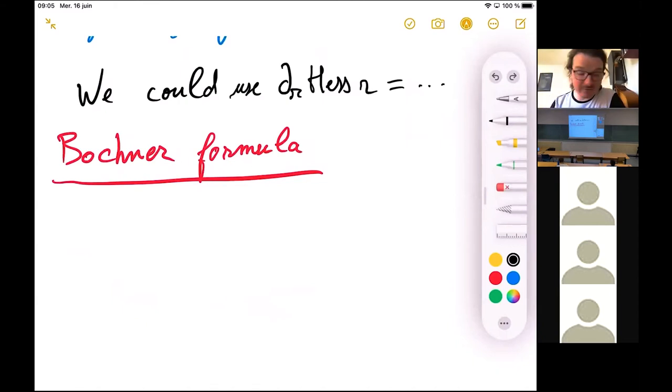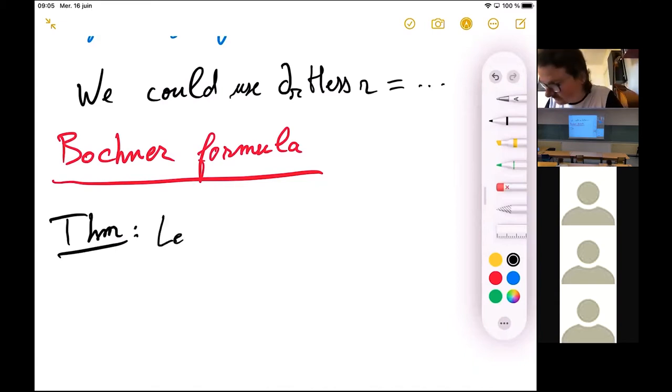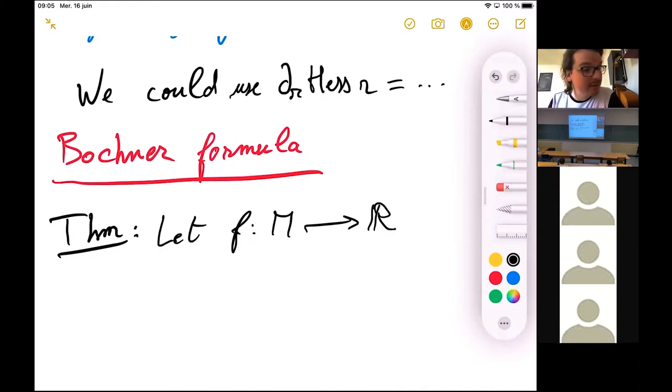Okay, so the Bochner formula has this advantage that you're using a very simple function. So let f from a Riemannian manifold M to R be a smooth function.